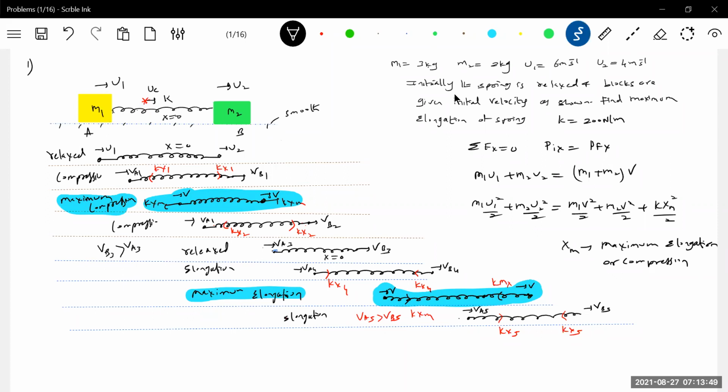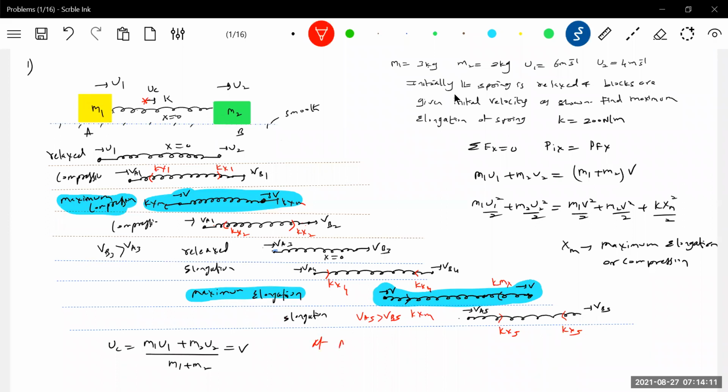UC, let me write it. How to calculate UC? UC equal to m1 u1 plus m2 u2 by m1 plus m2, which is nothing but the common velocity V. So at maximum elongation or compression, the blocks will be moving with velocity of center of mass.